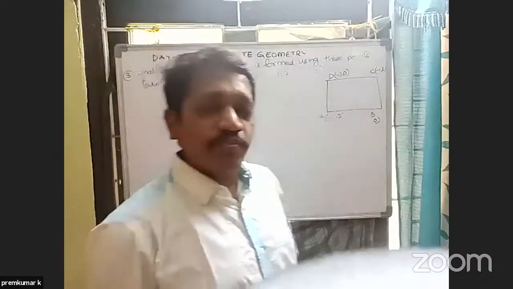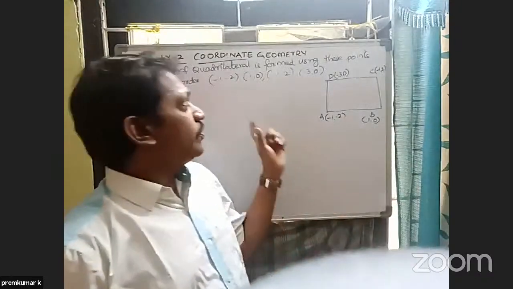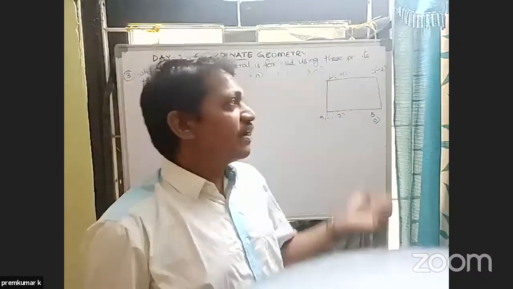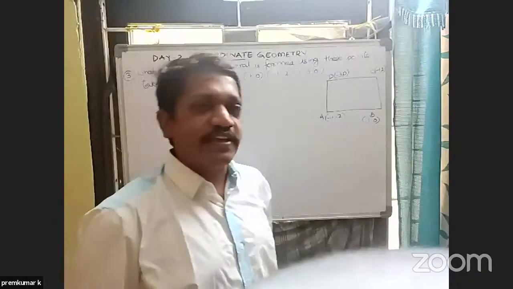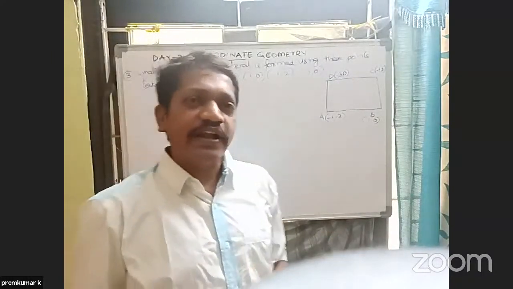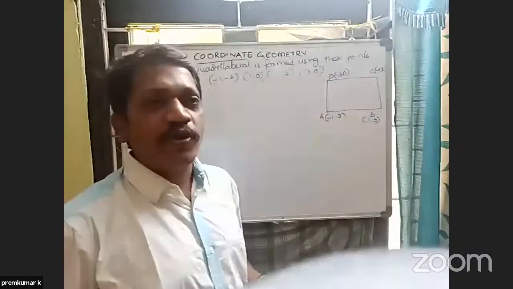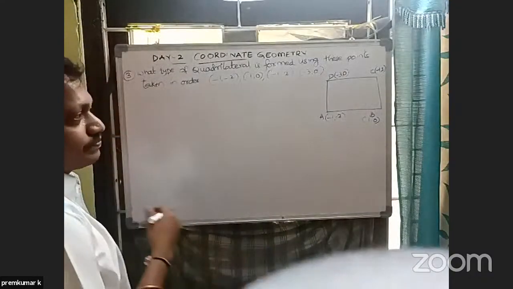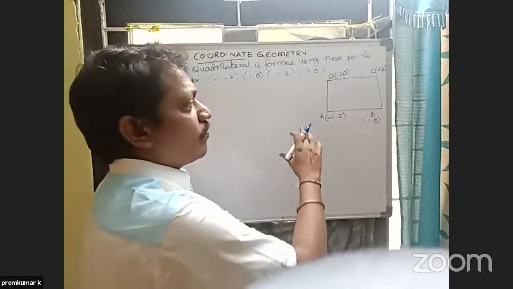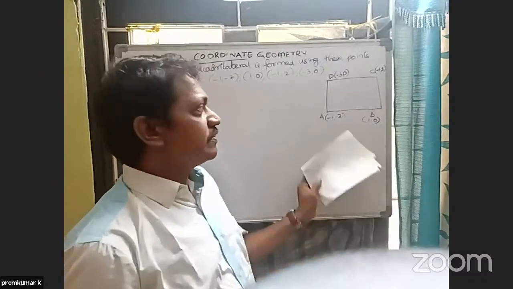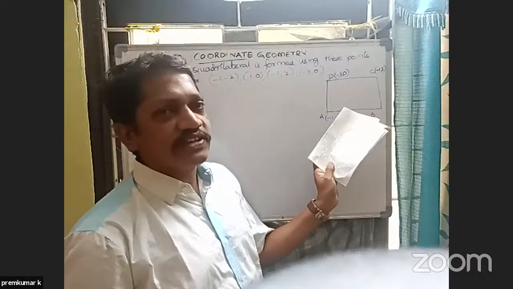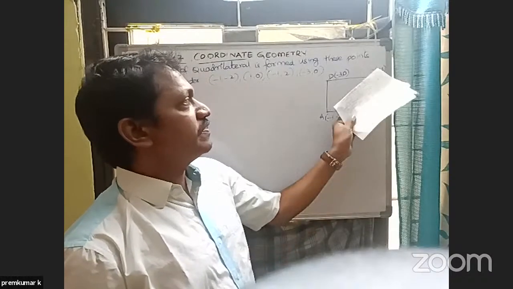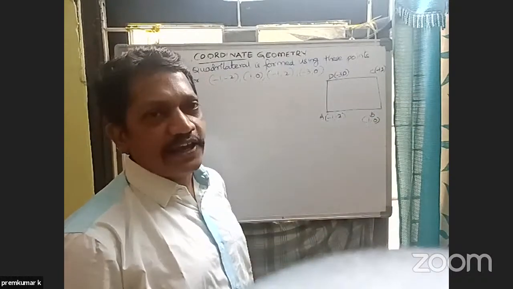From the examination point of view also, if you draw this quadrilateral and mark the vertices, then we will definitely get half a mark or 1 mark for writing the data points. Okay. Now we go for finding the distances of the sides AB, BC, CD, and DA.